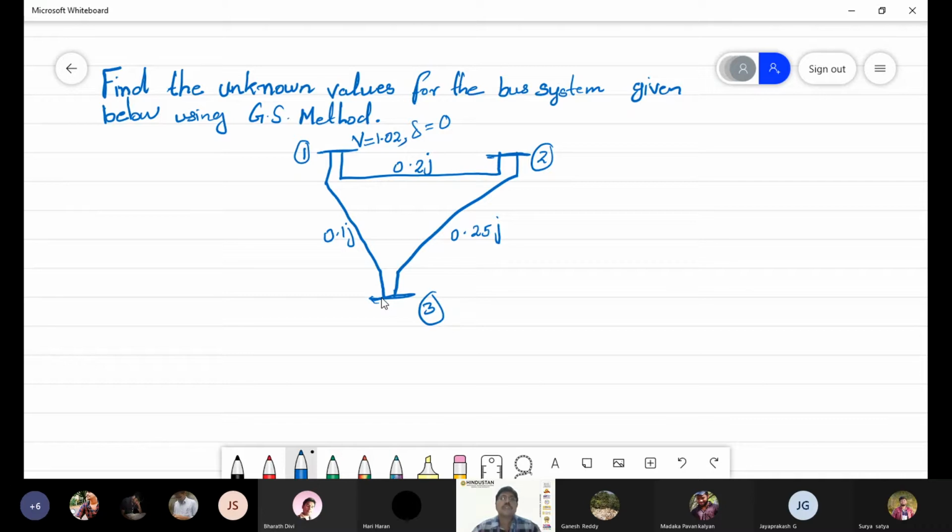Then you come to bus 2. Here you can see that P and Q values are given, so you easily know that it is a load bus.